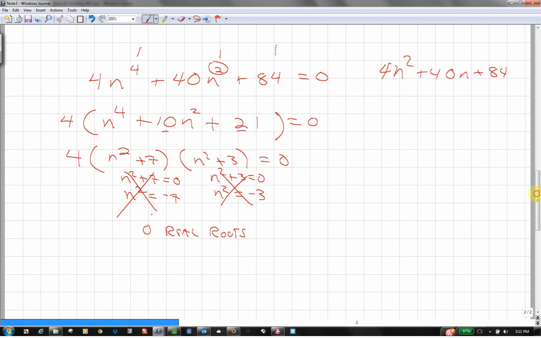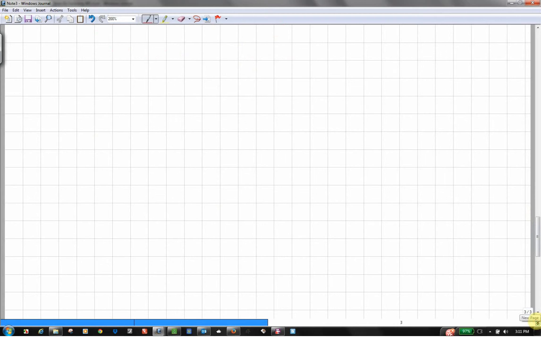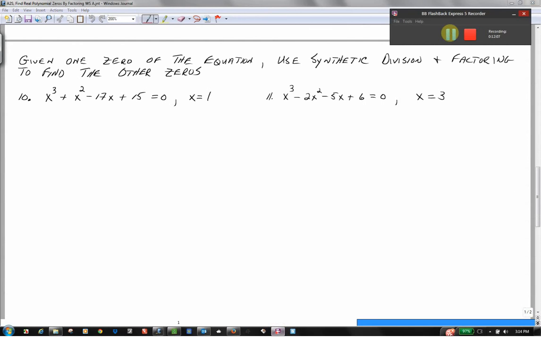Okay, the last piece I want to show you is a totally new technique. For these kinds of problems, we need to find the zeros of, like number 10. It cannot be factored by grouping, but they're giving us one of the zeros. So I'm going to use synthetic division to help me find the other zeros.